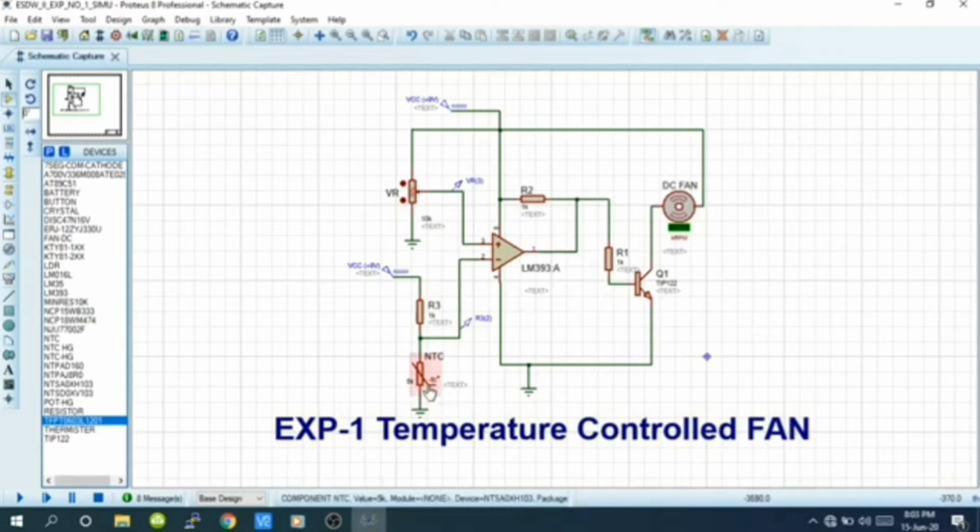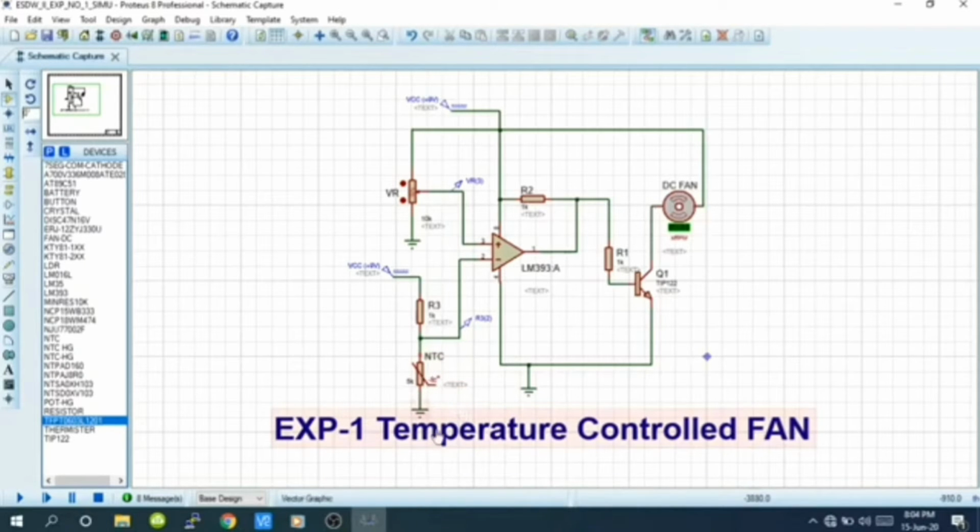The inverting terminal is pin number 2. R3, that is resistor 3, and the NTC thermistor form a voltage divider circuit which provides the voltage regarding the temperature to the inverting terminal of the op-amp. Now when the temperature increases, the resistance of the thermistor decreases and the voltage at the non-inverting terminal of the op-amp becomes higher than the inverting terminal.